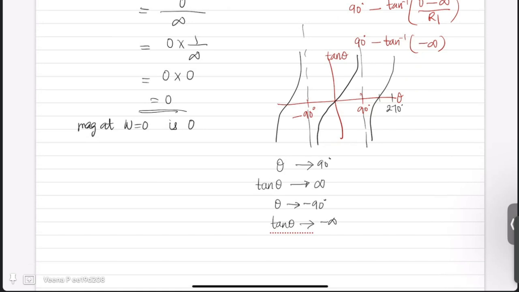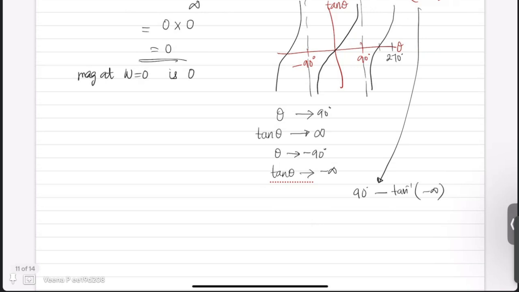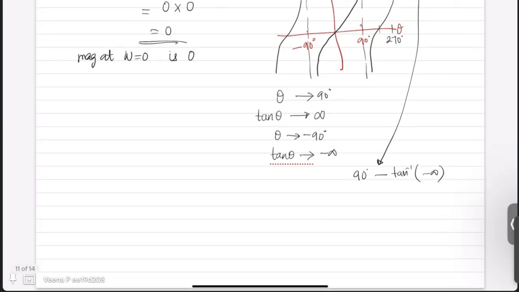So in the given problem, it is 90 degree minus tan inverse minus infinity. So when does tan theta approach minus infinity? When theta is minus 90. So this angle is minus 90. So this is nothing but 90 degree plus 90 degree, which is 180 degree.